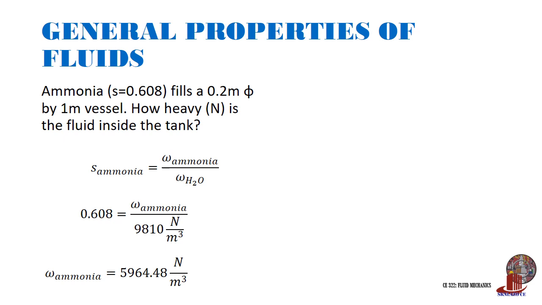Note that this is the unit weight and not yet the weight of our ammonia or the fluid inside the tank. But we know that unit weight would be equal to weight of ammonia all over the volume of the vessel.